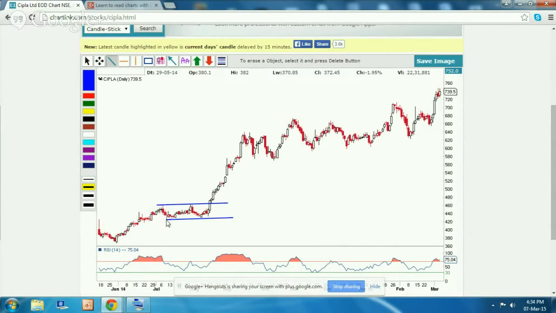And this sideways movement is a temporary pause in the uptrend. So this rectangle is a continuation pattern. Means what? Earlier the trend was up, then it was resting. It is also called consolidation, sideways movement, and then it has broken through.